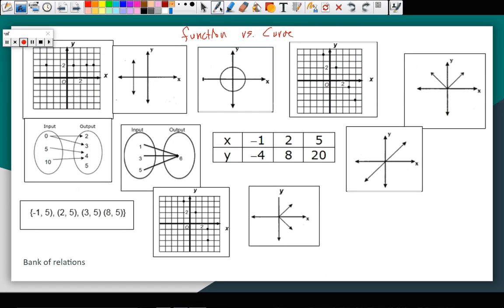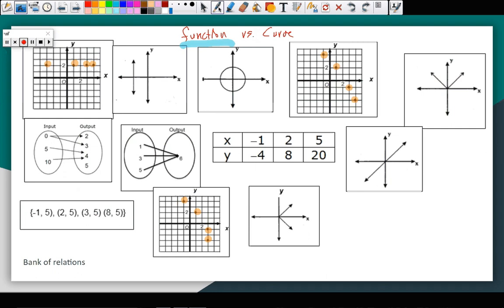Okay, so let's talk about a function versus a curve. A function must pass what? The vertical line test. Thank you. A curve does not have to pass the vertical line test, okay? If you can't see it from the back, I have these discrete points, these discrete points, and these discrete points.